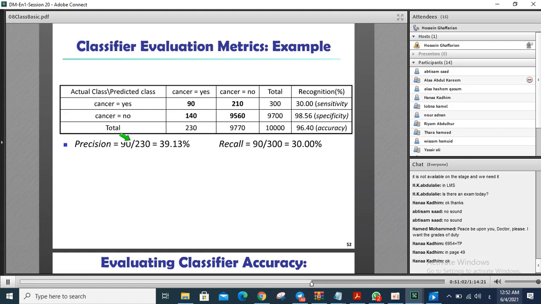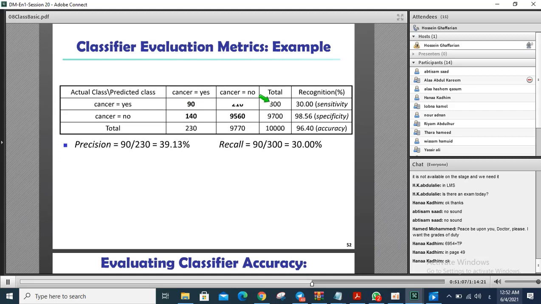Here we calculate the precision and recall for this confusion matrix. 90 divided by 230 is equal to 39.13%. And for recall, we should use true positive, or 90 cases, divided by the total number of real positives.